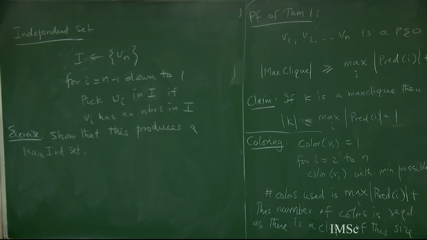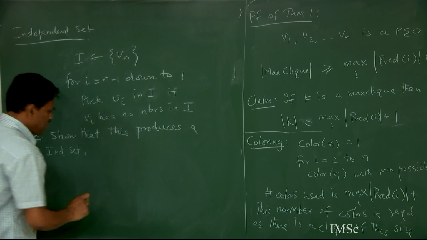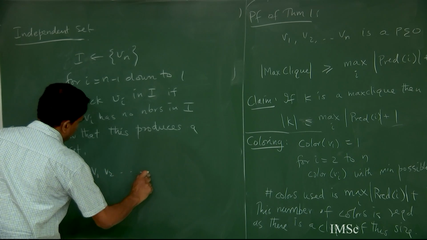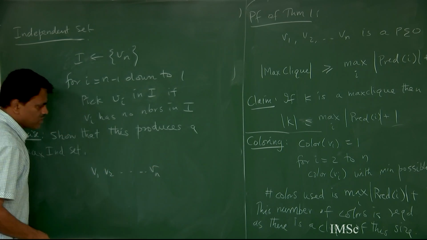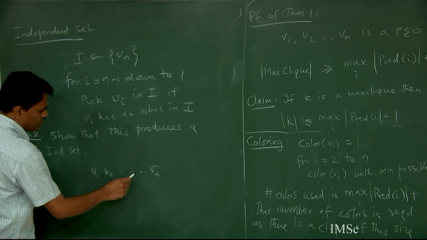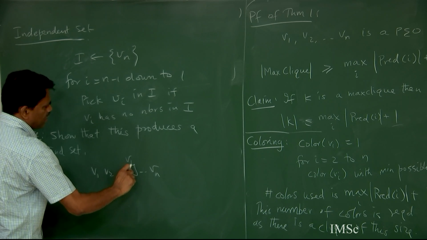Suppose not. Suppose the last vertex in a maximum independent set is some Vk.